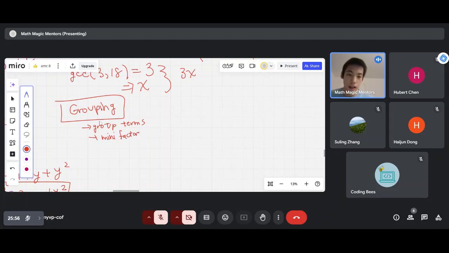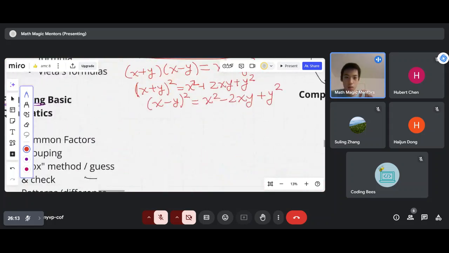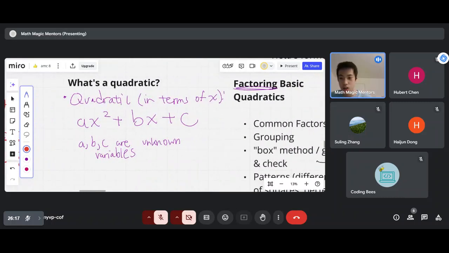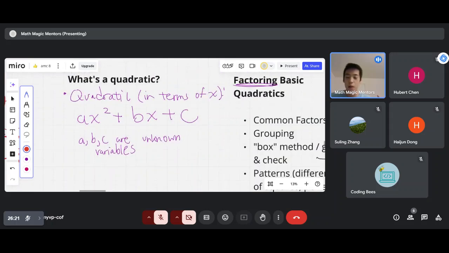In my opinion, grouping is a little bit hard to see, even though most teachers at school teach grouping as one of their first methods. It's harder simply because you need to see how to break up the middle x term in a quadratic into a sum of terms, and then use grouping with that. That needs some intuition that most students wouldn't see.